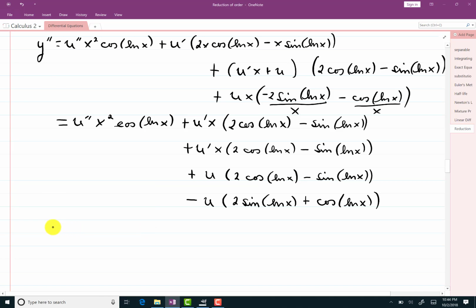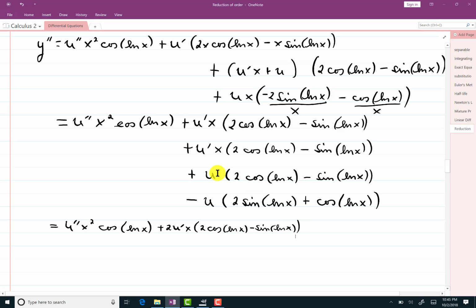I'm going to get u double prime x squared cosine of ln of x. Here I see I have u prime of x, and I've got the same thing attached to it twice. I'm going to do plus 2u prime of x times 2 cosine of ln of x minus sine of ln of x.